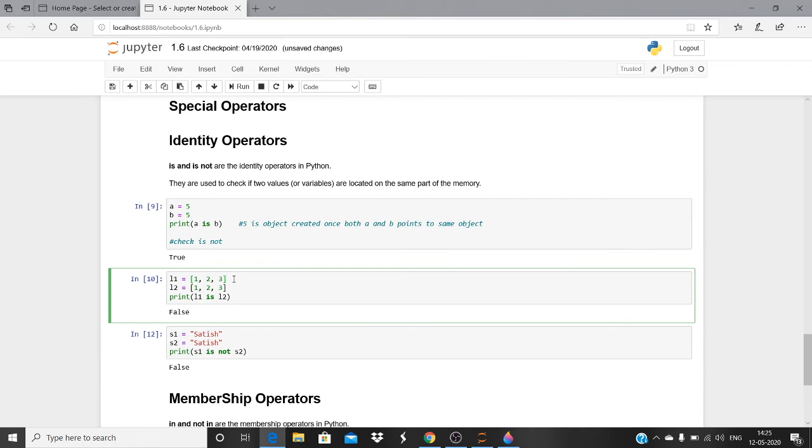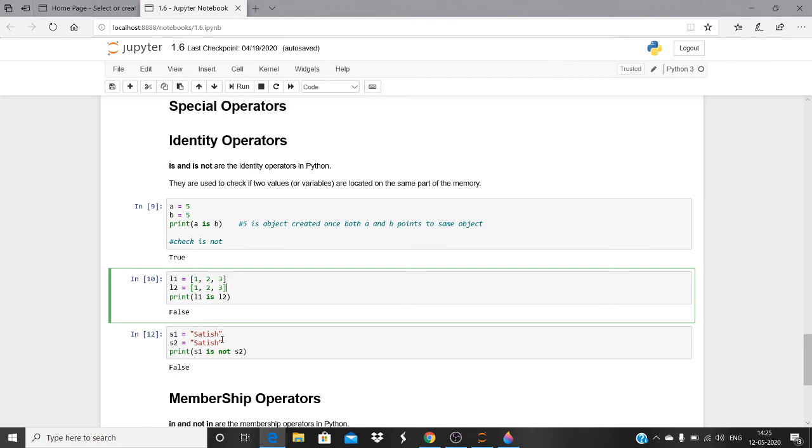But when we have lists, they are similarly equal, list L1 and L2. But when we use identity operators, L1 is L2, it gives False. This is because it only works on small data types, not more complex data types like tuples and dictionaries.